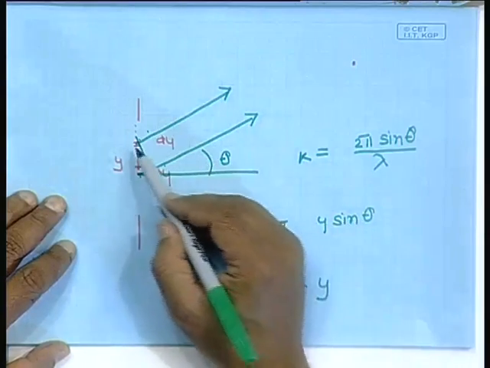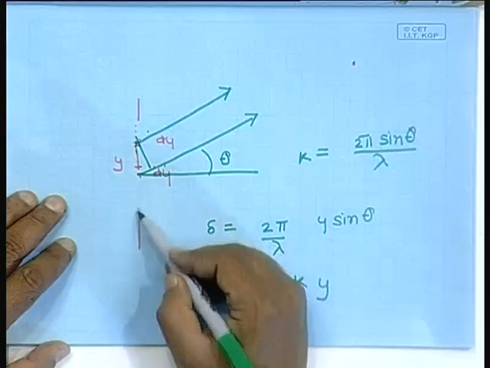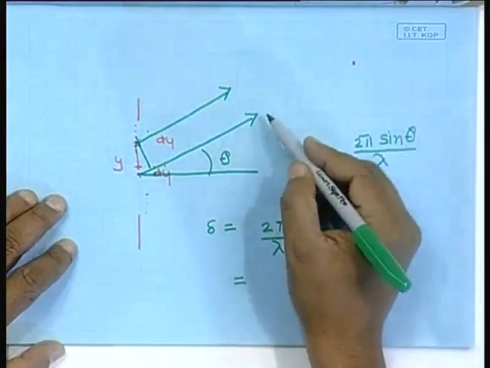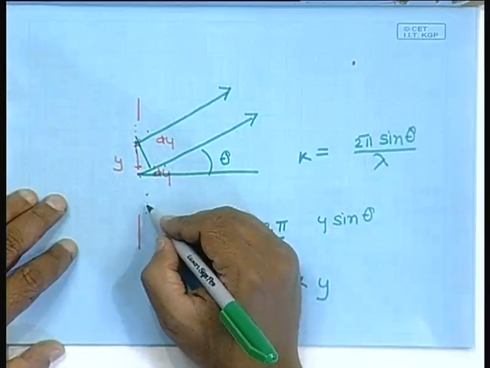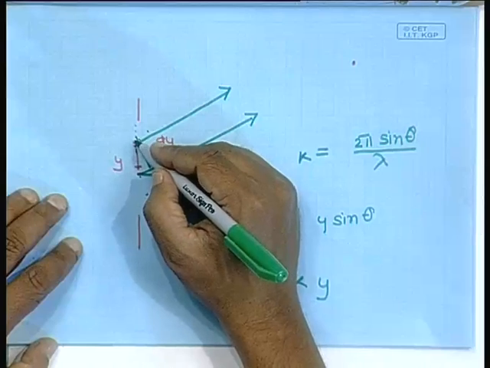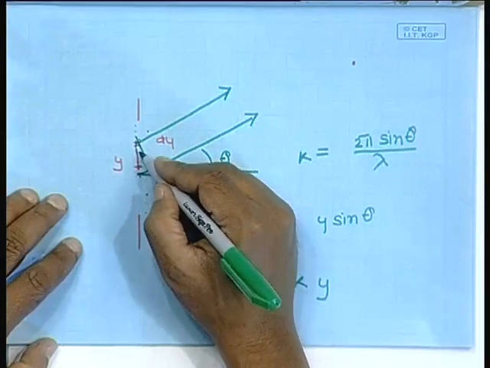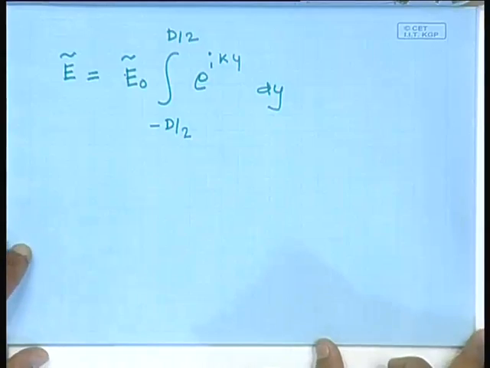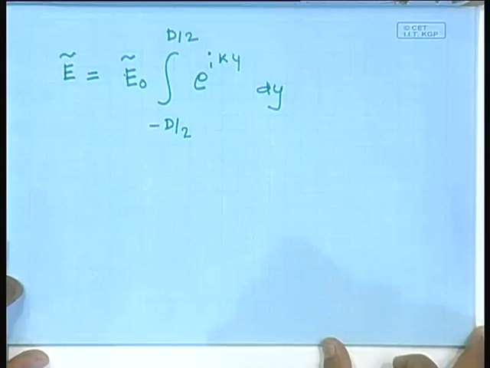So, let me remind you again what I am trying to do. We want to calculate the resultant of the superposition of all the waves from these secondary sources as they would be received at an angle theta. So, to do this I have to add up the contribution from all these waves. Now, this is y. The different sources are located at different values of y. I have to superpose them, which in this case is not a sum but an integral. I am superposing an infinite number of waves. In the slit I have an infinite number of sources.